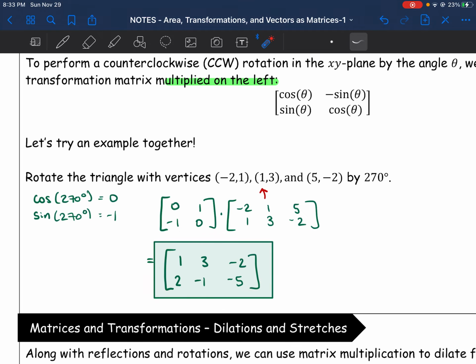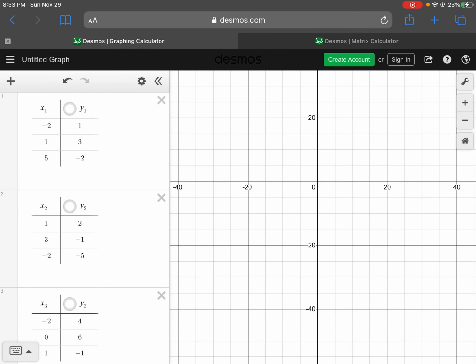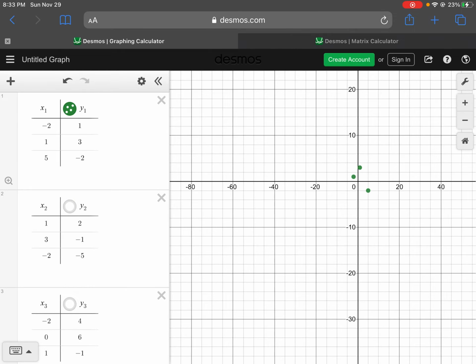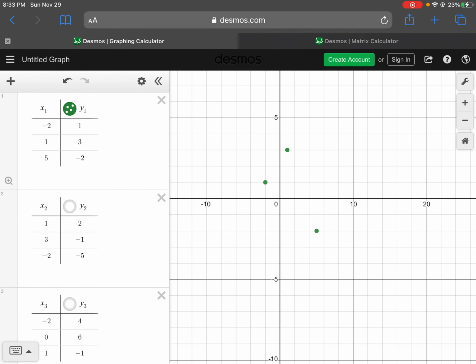Now, it might be a little hard to visualize that this triangle has been rotated 270 degrees counterclockwise. So let me show you an image. All right, so here's a Desmos graphing calculator, and let's go ahead and take these points. So here in green, this is the original triangle.